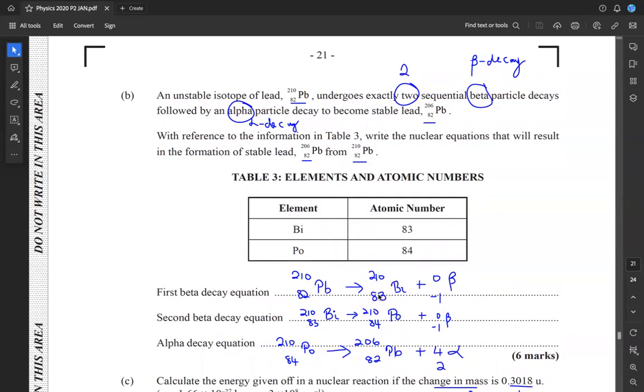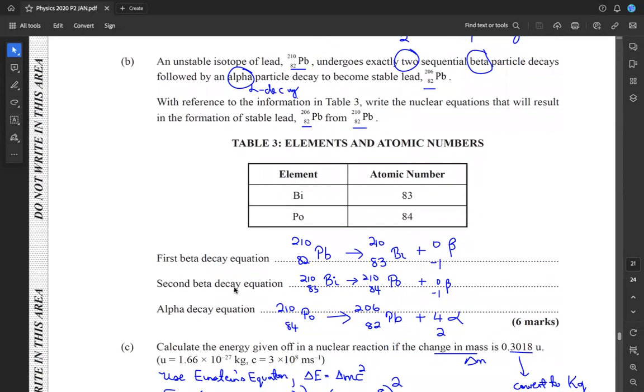So we reflect that here, that our atomic number is going to go from 82 to 83. Our mass number is going to be unchanged, right? And so if we refer to this table, we'll see that whenever we have an atomic number of 83, that's bismuth, right? That's a completely different element that we're forming. So we get bismuth, which is 210, 83, and of course our beta particle that was emitted to form it, okay?